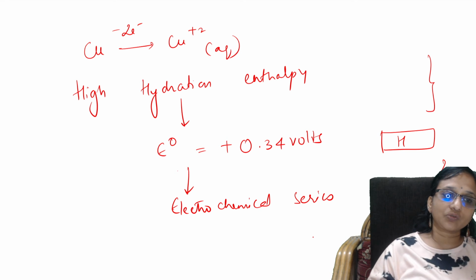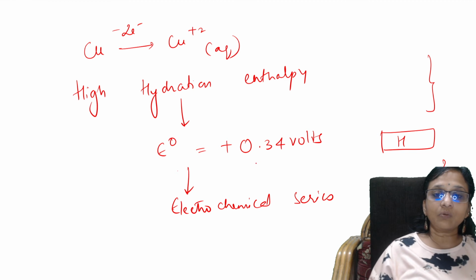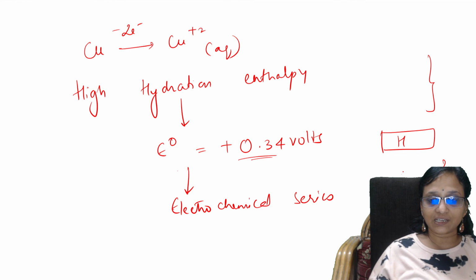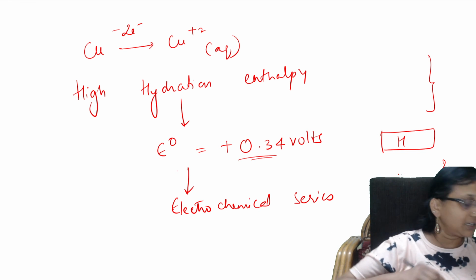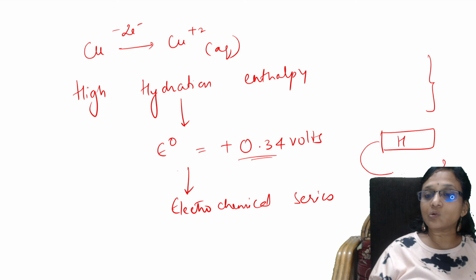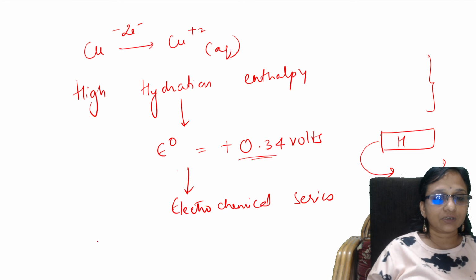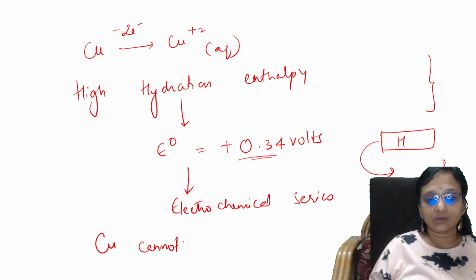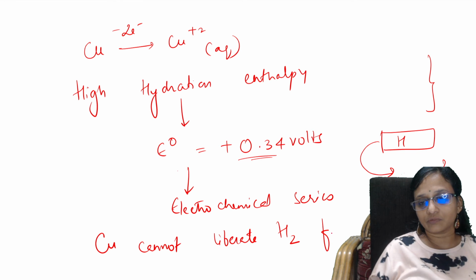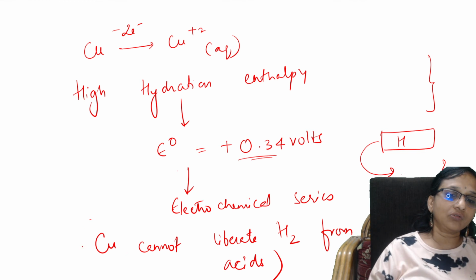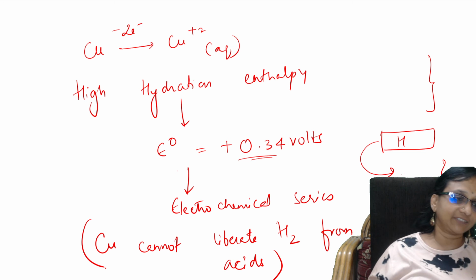So what will happen? Copper's value is a positive value, which lies here. Because it lies below hydrogen, what is going to happen, students? Copper cannot liberate hydrogen from acids because it lies below in the electrochemical series.